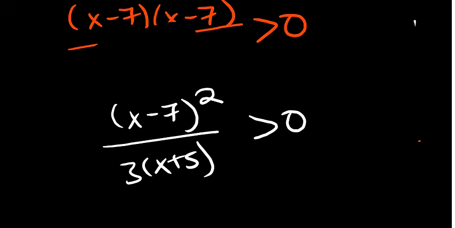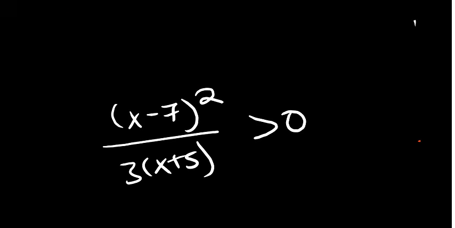If you look at our numerator there, no matter what value you put in, whether it's a negative value or a positive value, it is still going to give you a positive value because it is squared. Whether you get a negative value or a positive value, it will still be positive.